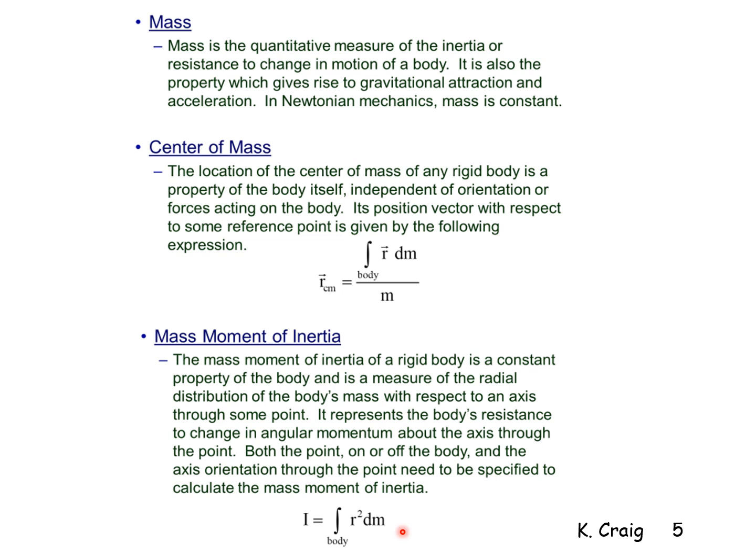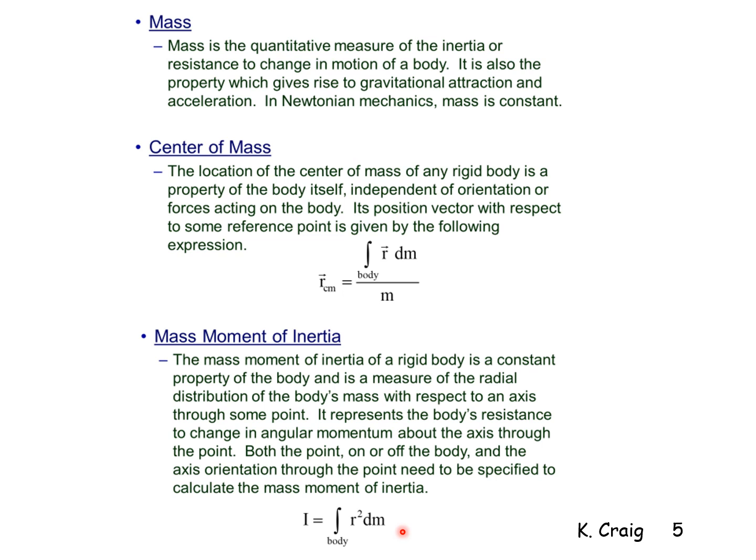So while we need to have the ability to calculate the mass moment of inertia of a rigid body at a particular point for a particular axis through that point, most times we use tables to determine the mass moments of inertia that we need for analysis purposes.